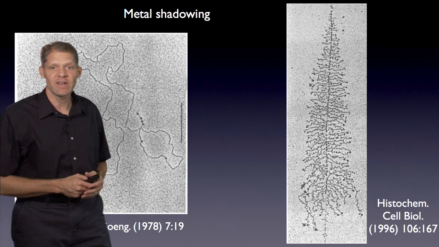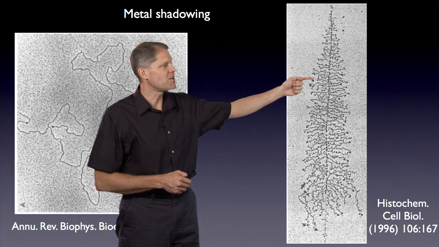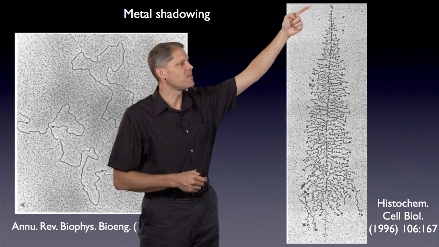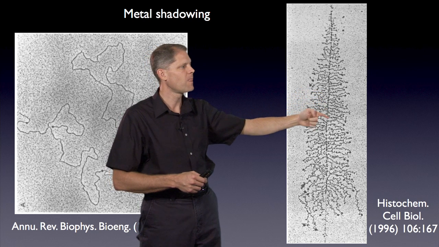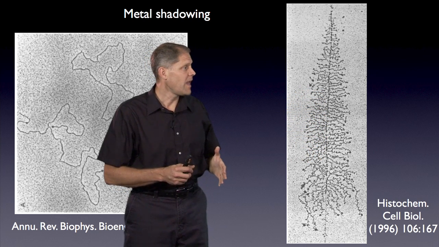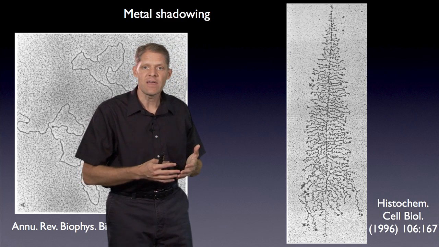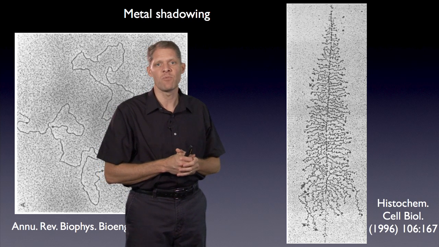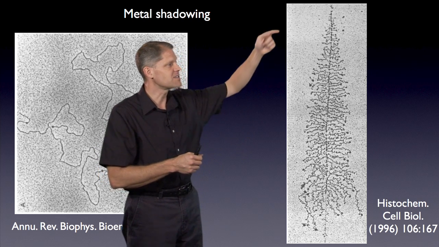The next example that I'd like to show is seen here, and this is a picture of a similar preparation technique, but the line going down the middle, like the trunk of the tree, is a ribosomal RNA gene. And in this cell, the cell was making ribosomes so quickly that many RNA polymerases were bound to that ribosomal RNA gene, and they were transcribing simultaneously.